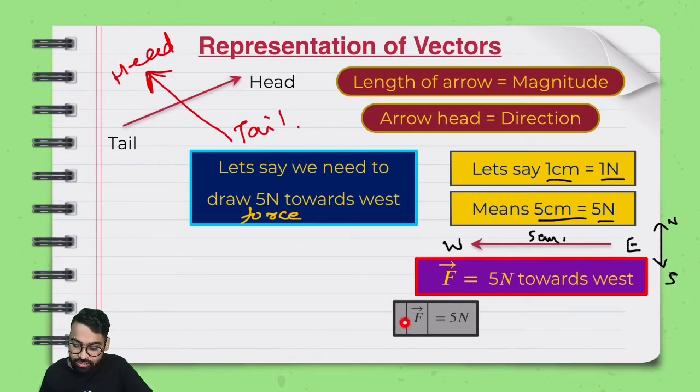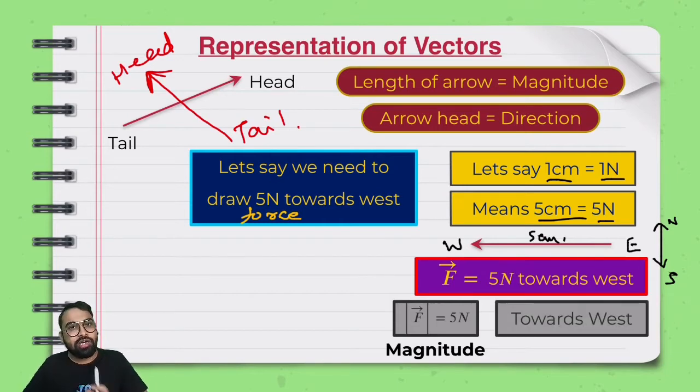This bar tells us that now we are having the magnitude of the force. This we call the magnitude of force, 5 Newton, right? And if we want to tell what direction it is, we can say that towards west justifies the direction of this force F, or the vector F.